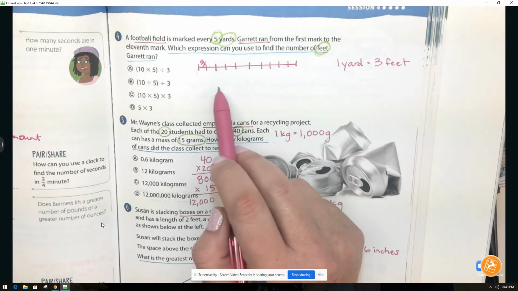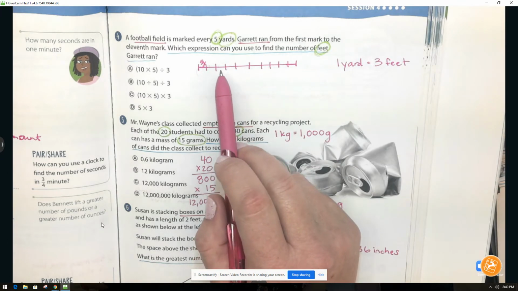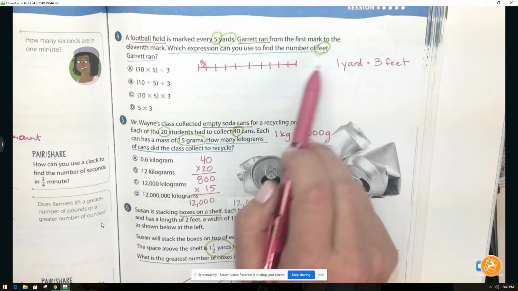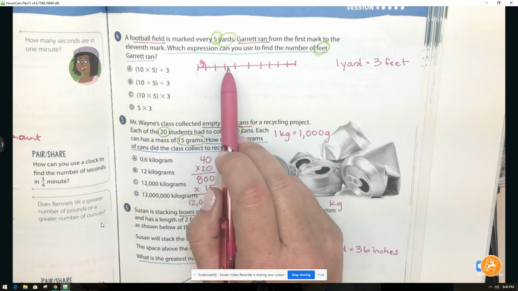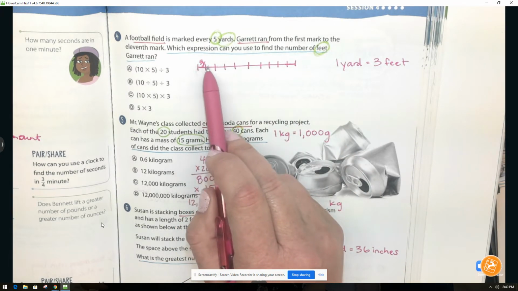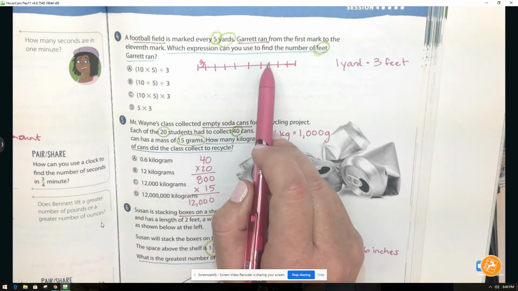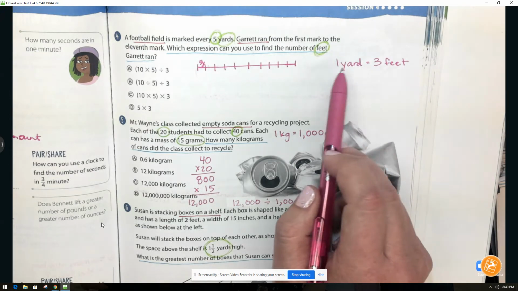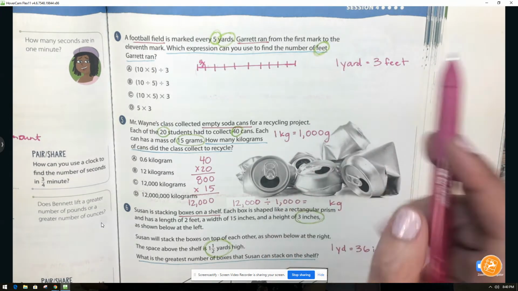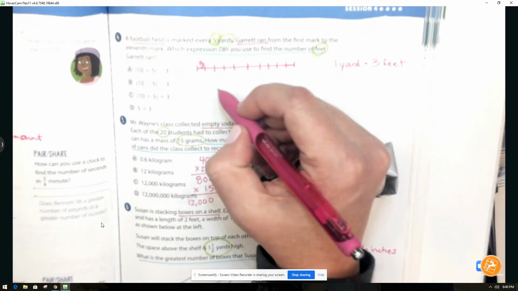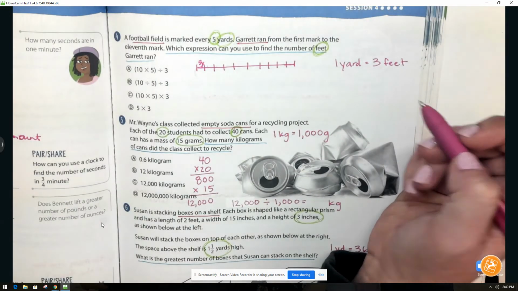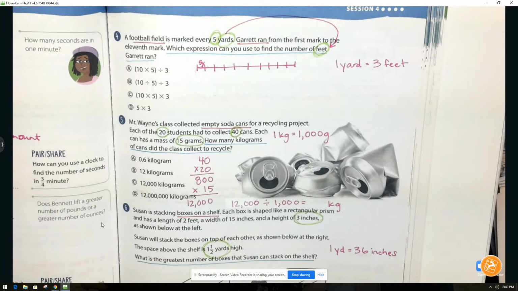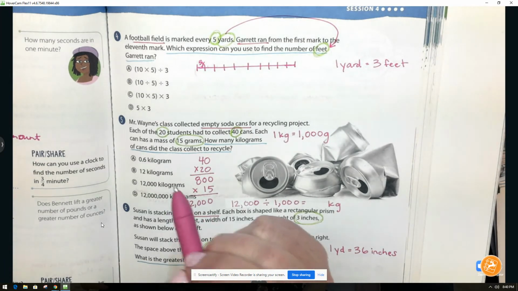So you might need to figure out how many feet are in a yard first, or you might want to find out how many groups of 5 he ran, and then multiply or divide that by 3 feet, based on if you're converting from, in this case, yards to feet. So when you're going from yards to feet, do you multiply or divide?